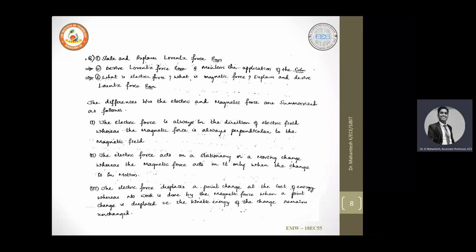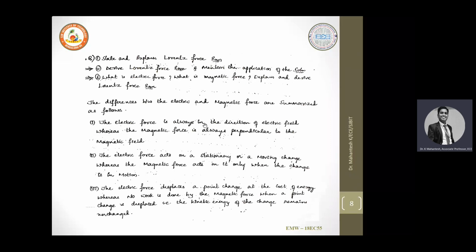We can try to differentiate electric and magnetic force as follows. The electric force is always in the direction of the electric field, whereas the magnetic force is always perpendicular to the magnetic field. This is one important difference.